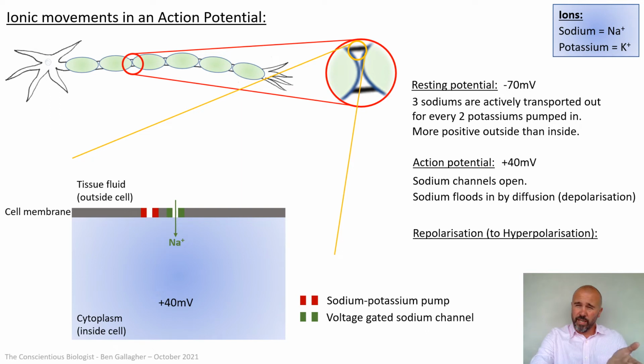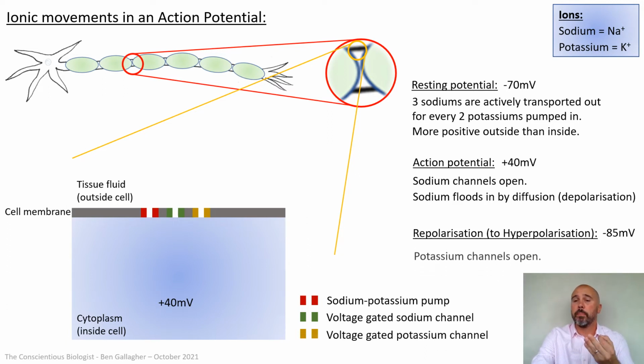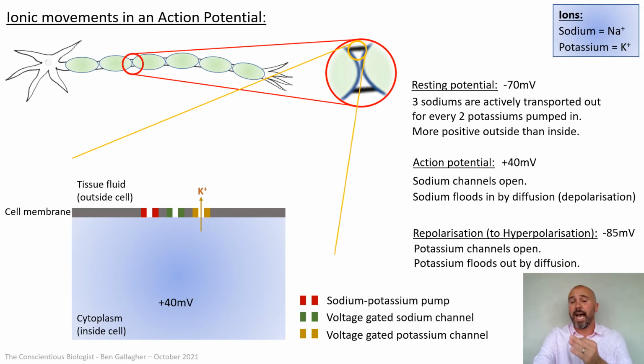Now, of course, hopefully you might have noticed you've still got all your potassiums on the inside that you put there during resting potential. So all you really now need to do is to open other channels which can allow the potassium through. So these are voltage gated potassium channels, because that's going to allow your potassium to flood out.